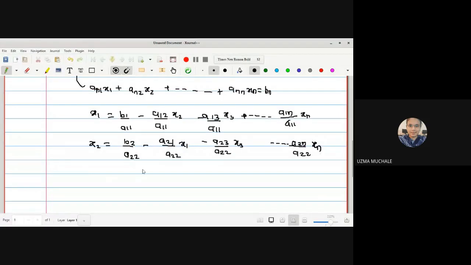Correct? So in this way we have to follow the procedure, and for the last equation, xn is equal to, what will be the last equation? The first term will be bn upon ann minus, what is the first term here in the equation, an1 divided by ann.